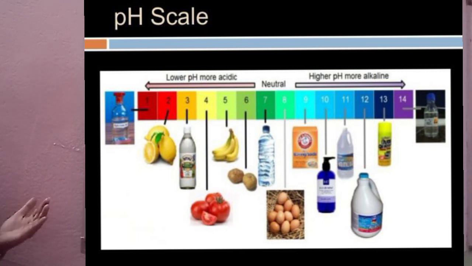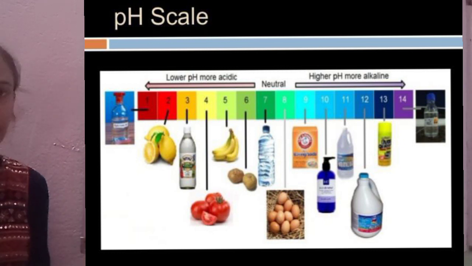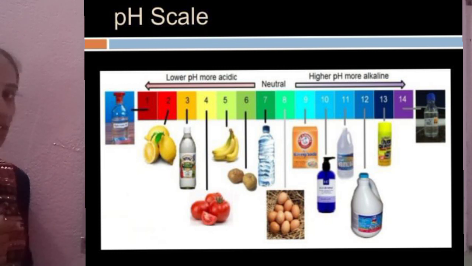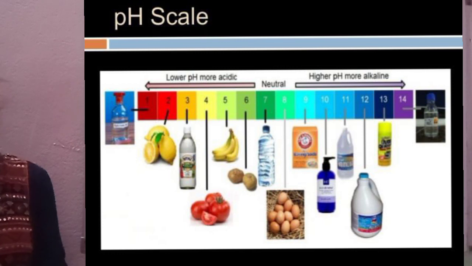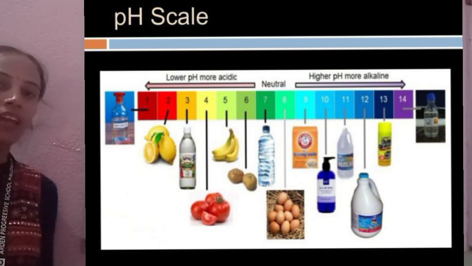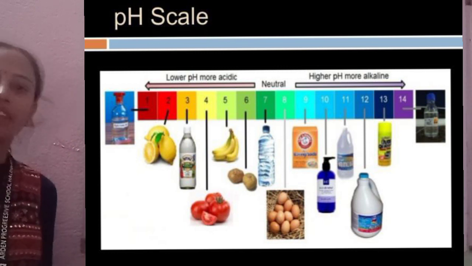The substances present after 7 have higher pH and are more alkaline. Clear? And according to this, acids and bases are of two types: strong acids and weak acids. In the same way, strong bases and weak bases.